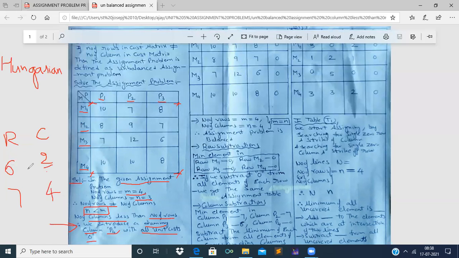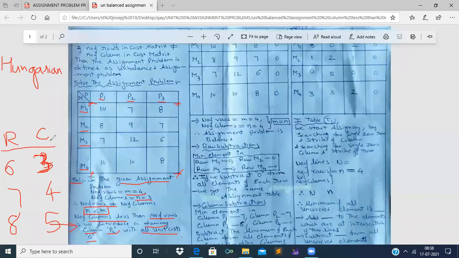With 6 rows, we have to introduce 3 columns, and when there are 8 rows in this problem, we have to introduce 5 columns, because only 3 columns are given.